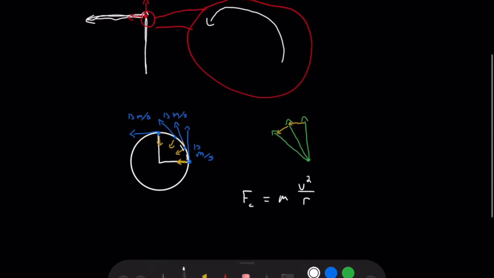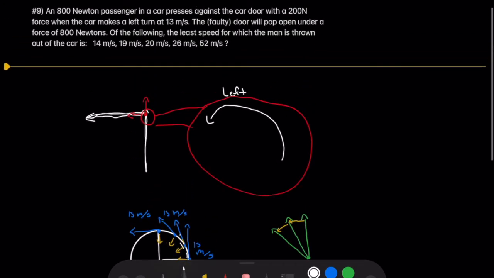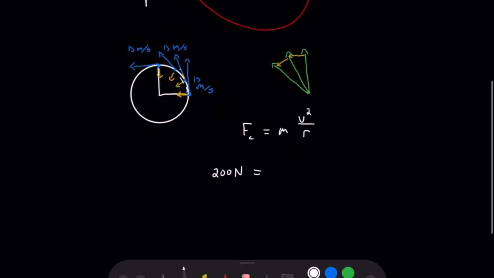So we are given that it is 200 newtons of force experienced by the person against the door. And so we don't know the mass. No, we do know the mass. And we know the velocity.